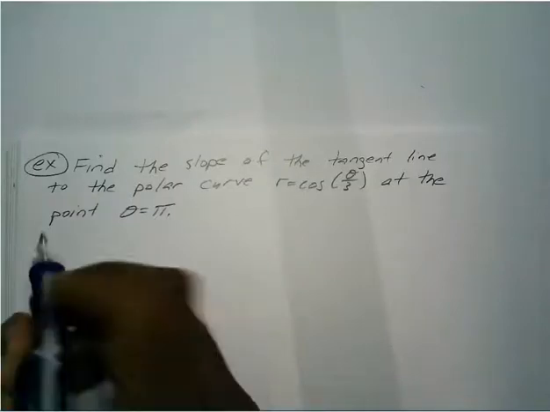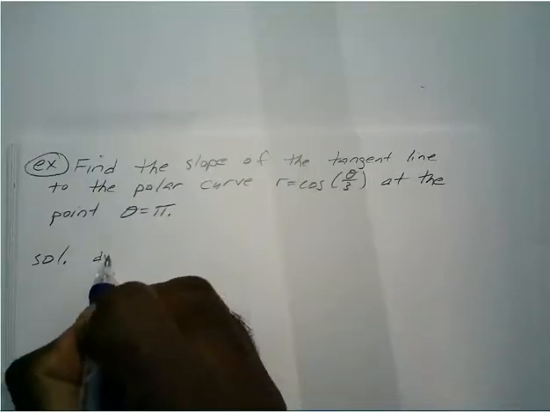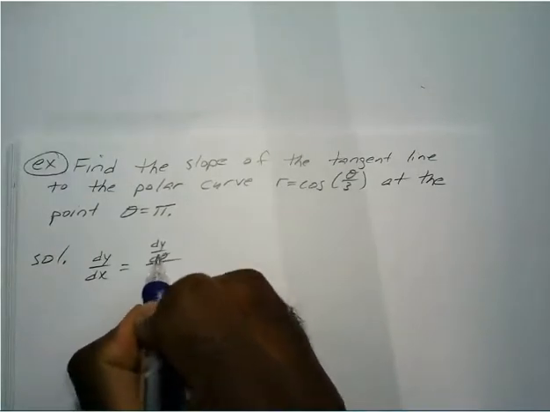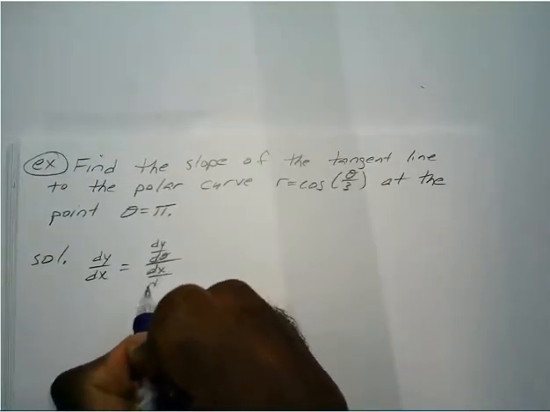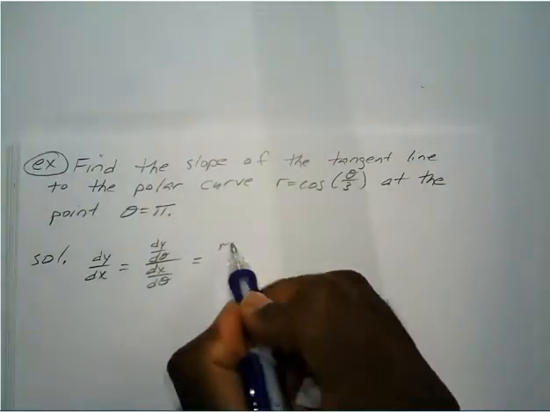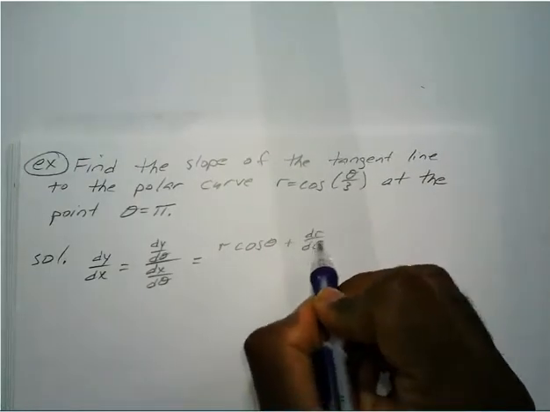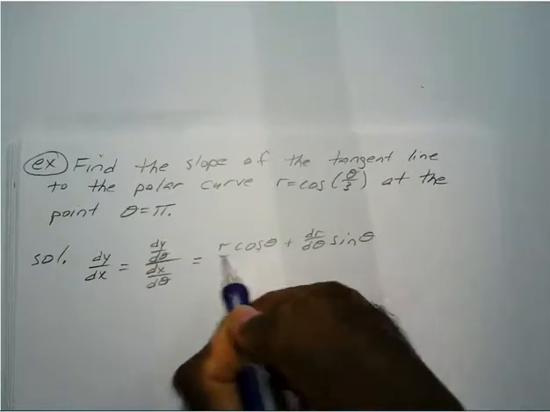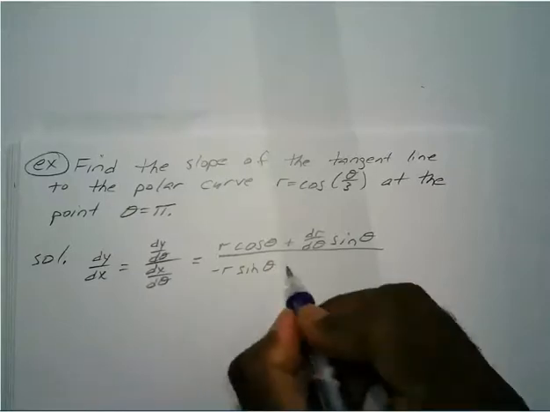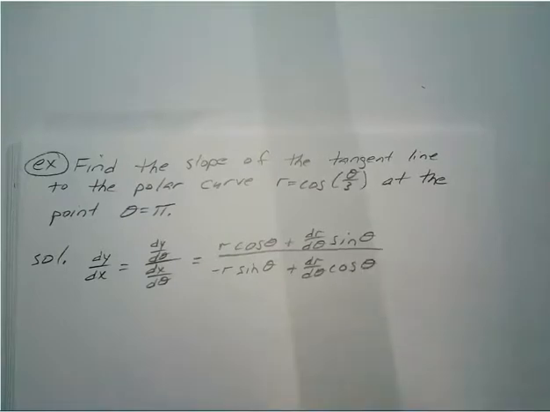So, to do that, first thing we do is we look at our formula, where dy/dx is dy/dθ over dx/dθ, which is equal to, instead of f of theta, we'll just use r cosine of theta plus dr/dθ sine of theta all over negative r sine of theta plus dr/dθ cosine of theta.